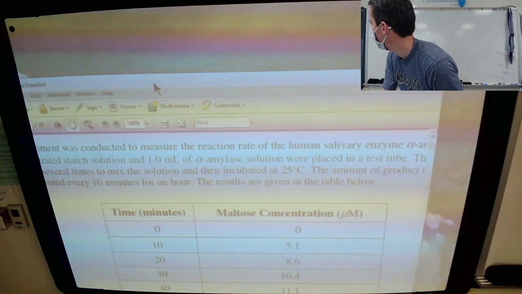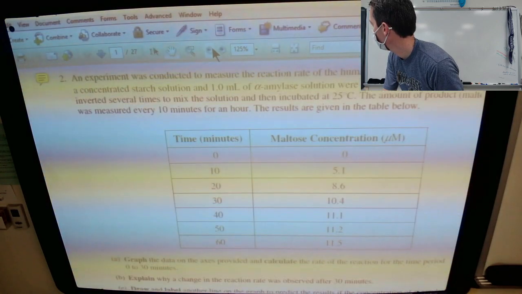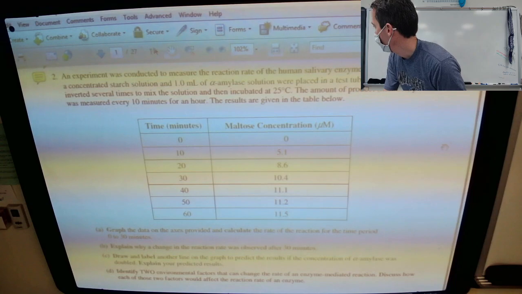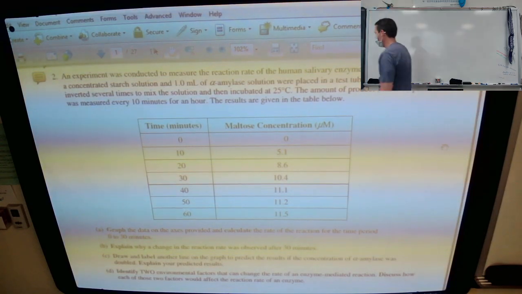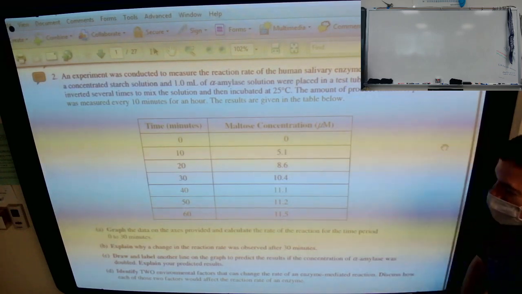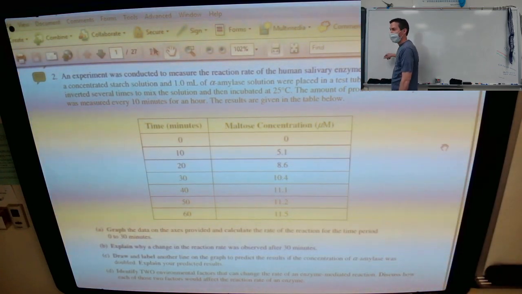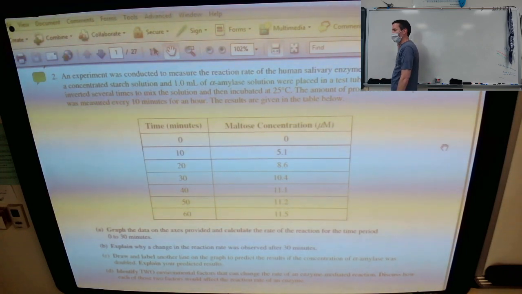But here you go. All right. Now, on the real test, they had a little data table, some grid paper that you would graph it on. You don't have to sit down and measure everything. Just do a real quick, rough kind of, here's the graph, here's sort of what it would look like for part A.